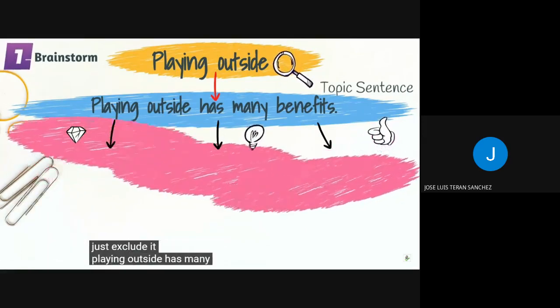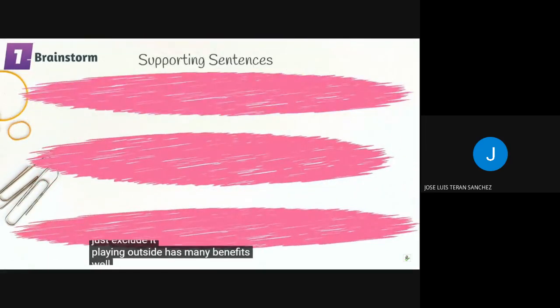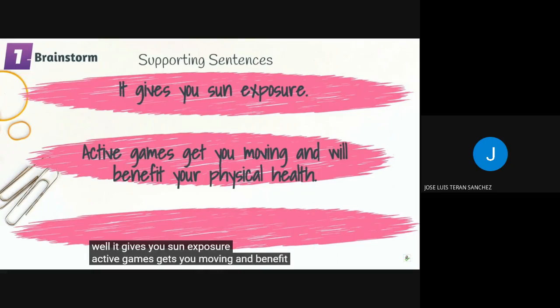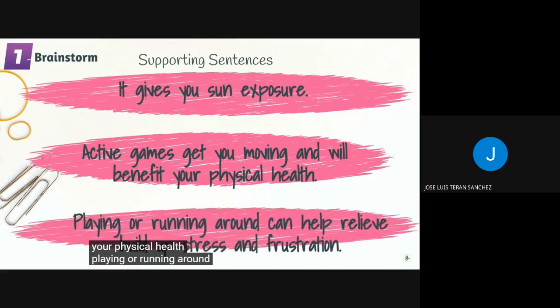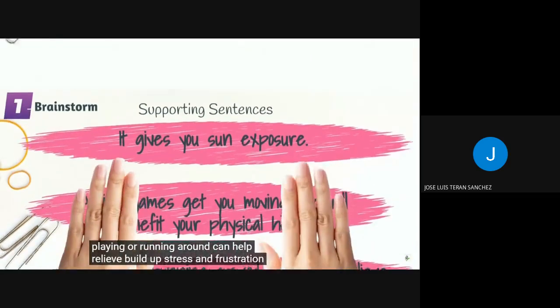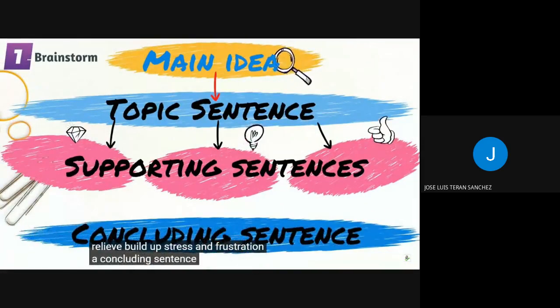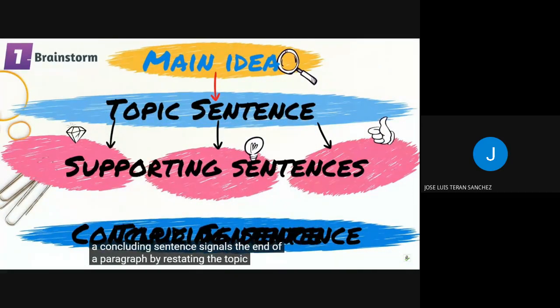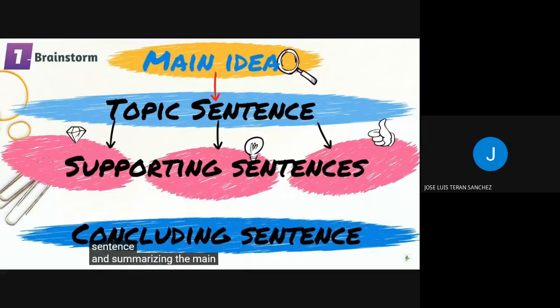Playing outside has many benefits. Well, it gives you sun exposure. Active games get you moving and benefit your physical health. Playing or running around can help relieve built-up stress and frustration. A concluding sentence signals the end of a paragraph by restating the topic sentence and summarizing the main points.